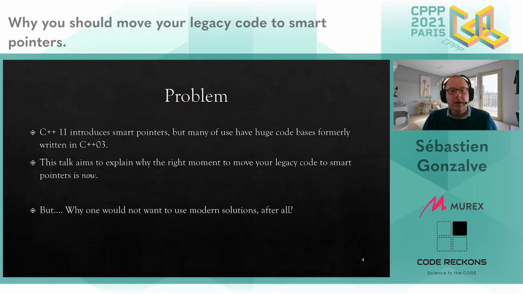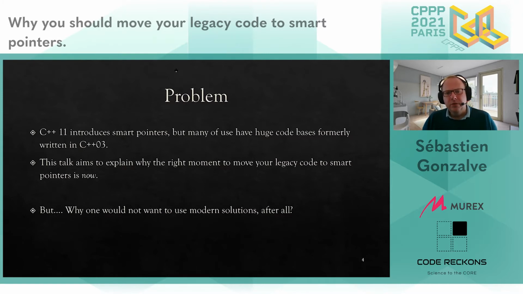But I must say that while working on this talk a question came up. Actually, we have smart pointers from C++11. Well, there was auto_ptr before, but let's put that aside. They have been here for quite a long time now, and the question in my head was, it's more or less 10 years now that we have those tools, and it's still difficult to have people adopt this and refactor their code using smart pointers.